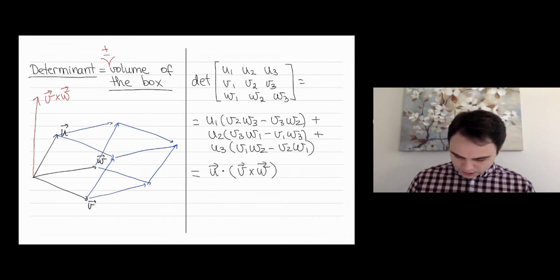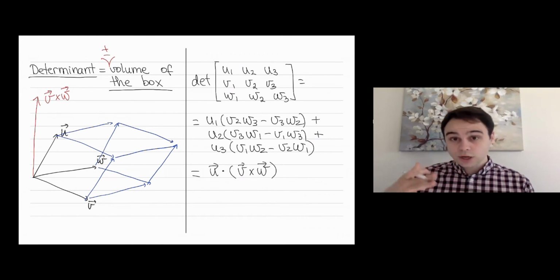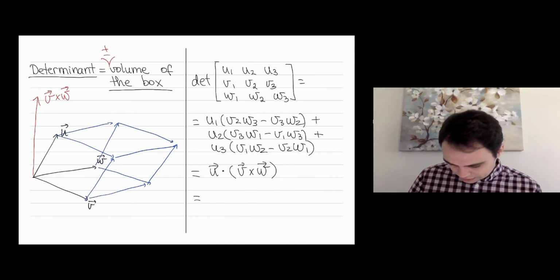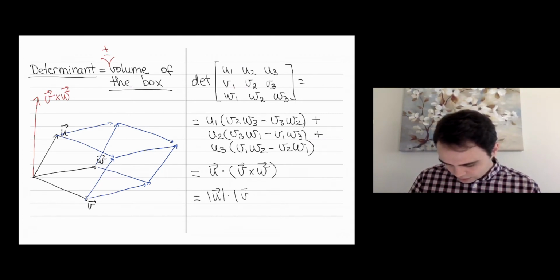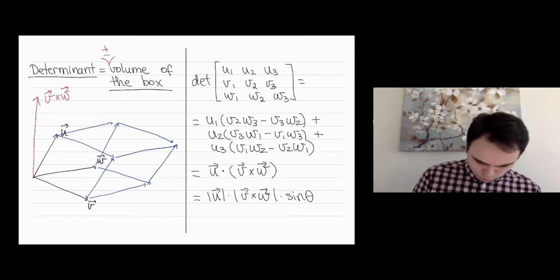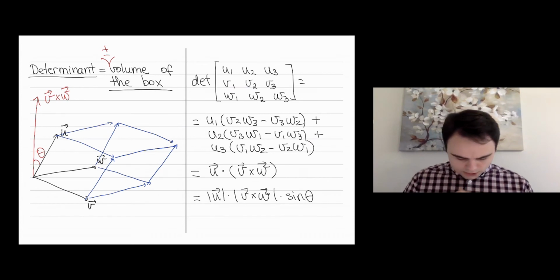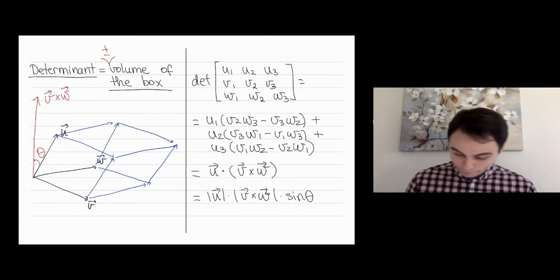And u times this cross product is geometrically the length of u times the length of v cross w times the sine of the angle between them. Okay, so let me draw, we call theta this angle over here. And that's the formula that we have for the dot product.